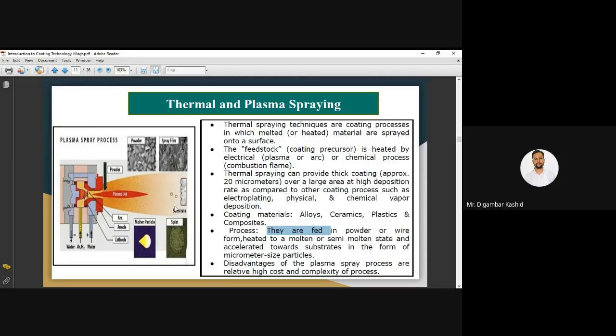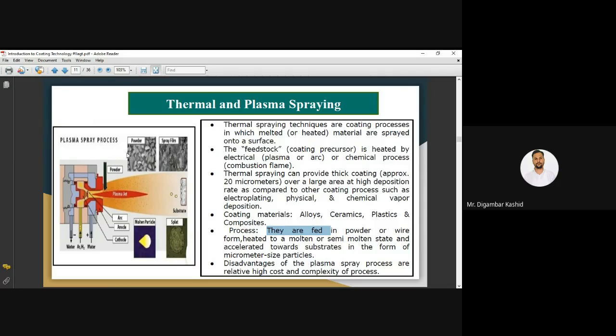We have to spray this over the substrate. The disadvantages of the plasma spray process are that a relatively high cost is required and the process is somewhat complex. You can see the diagram of the plasma spray process.